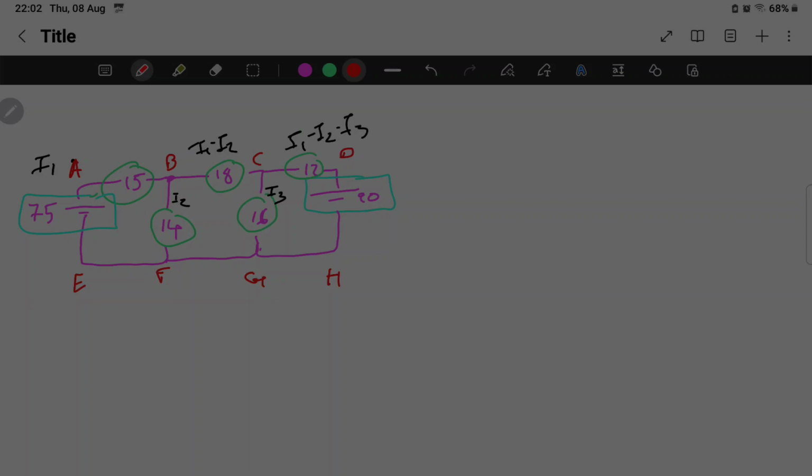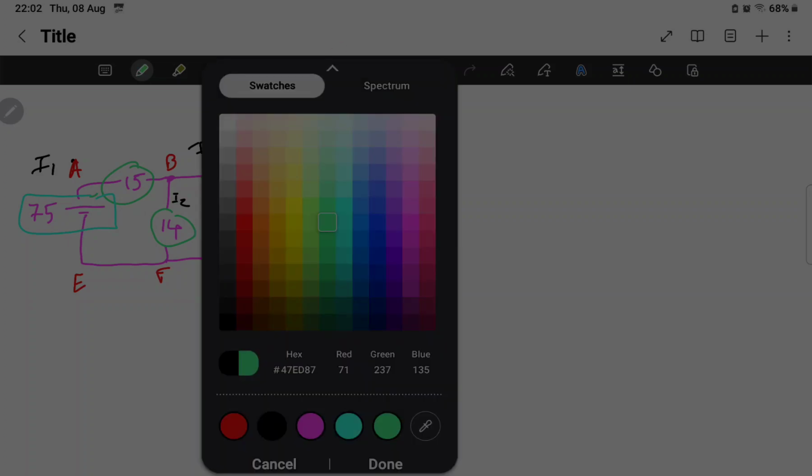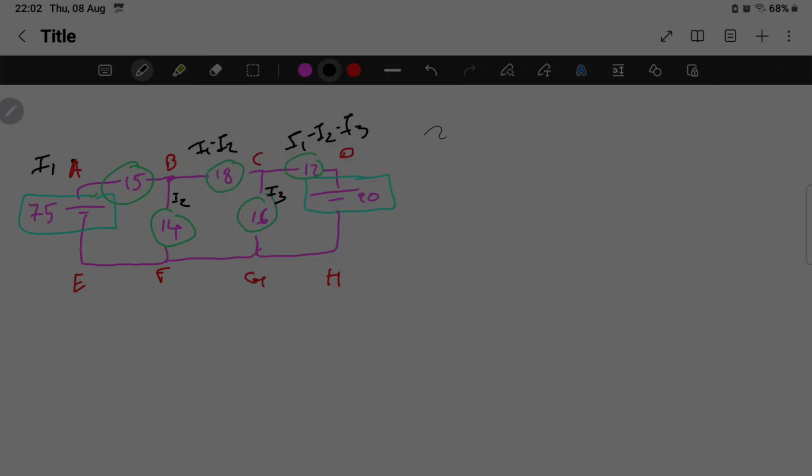Let's create our for loop system. So we're going to have loop 1, right? It's going to be A, B, F, E. Very simple.